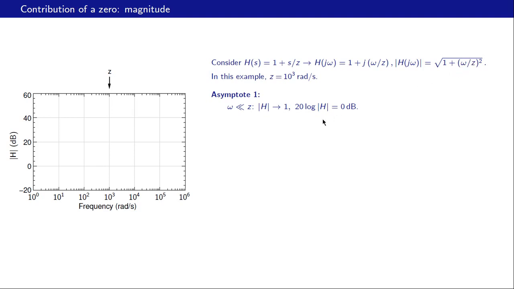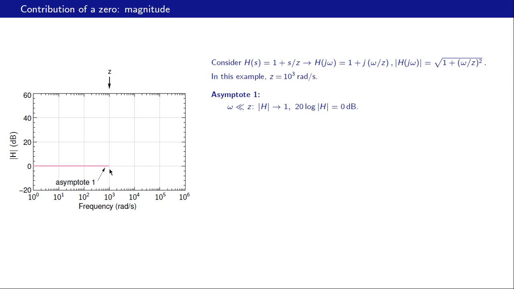And what does that mean? That means mod h in dB is 0 dB. So here is our first asymptote, 0 dB here, and although this applies to omega much smaller than z, we will extend that all the way up to omega equal to z, because we are seeking an approximation.